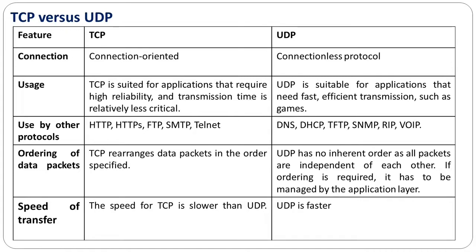Then usage: TCP is highly reliable, and transmission time is less critical compared to UDP, as applications which require fast transmission use UDP compared to TCP. The protocols using TCP are HTTP, Telnet, FTP, while DNS, DHCP, VoIP are the services which use UDP.